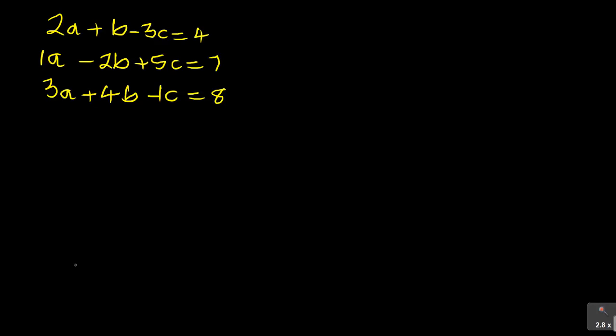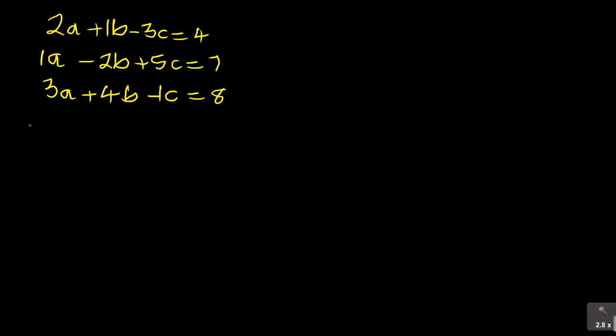Now with that, we are going to express this as a matrix. So we are writing the coefficients of a, of b, and of c in each and every equation.